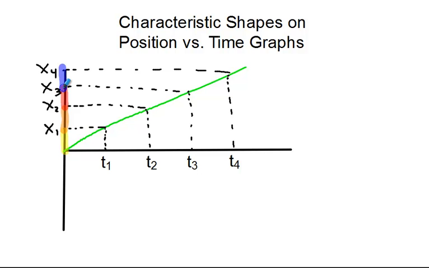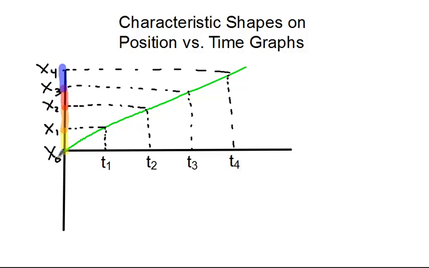Is our object moving further away from its initial position over time, or is it getting closer back to where it starts over time? It's moving upward, so upward we know it's going to give us a positive slope. And if it's moving greater distances away, we also know that it's going in a positive direction.